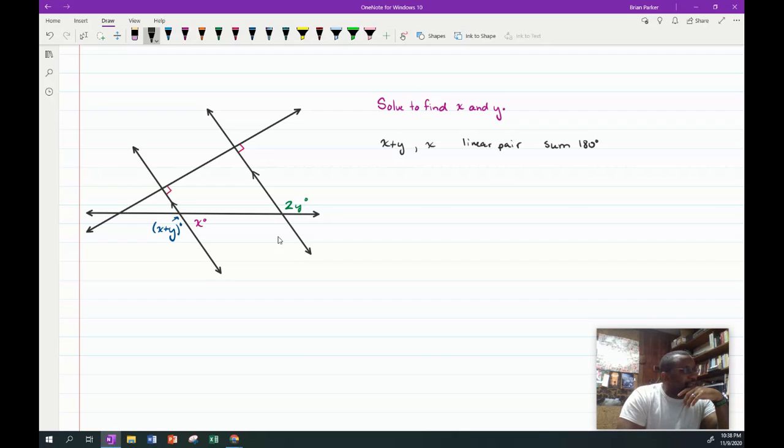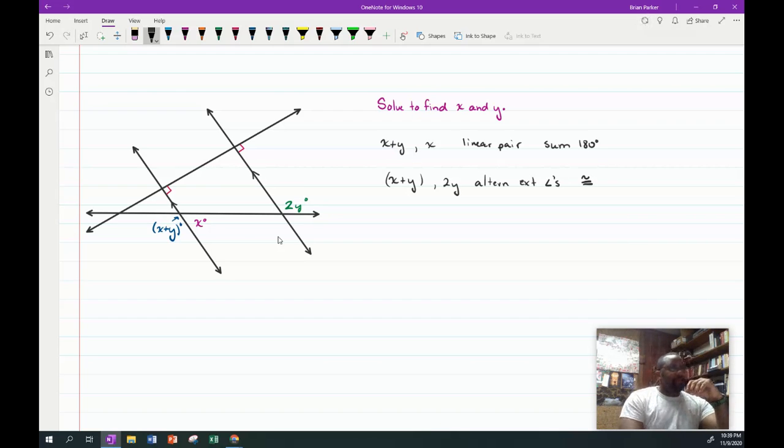This one's on the bottom side, that one's on the top side, so it looks like x plus y and 2y are alternate exterior angles, because they're on the outside of the parallel lines, which means those are congruent, right? They're going to be exactly the same.